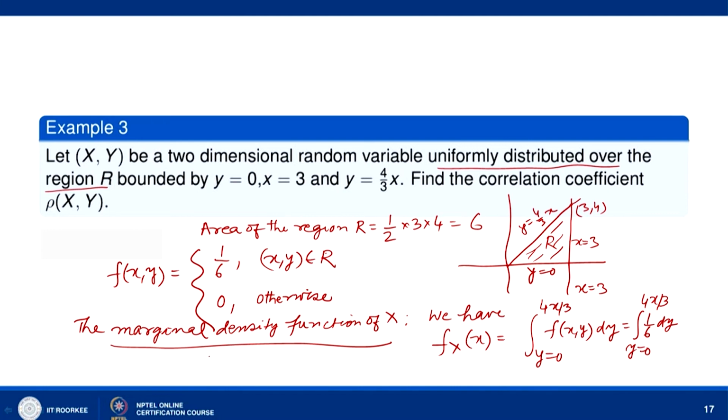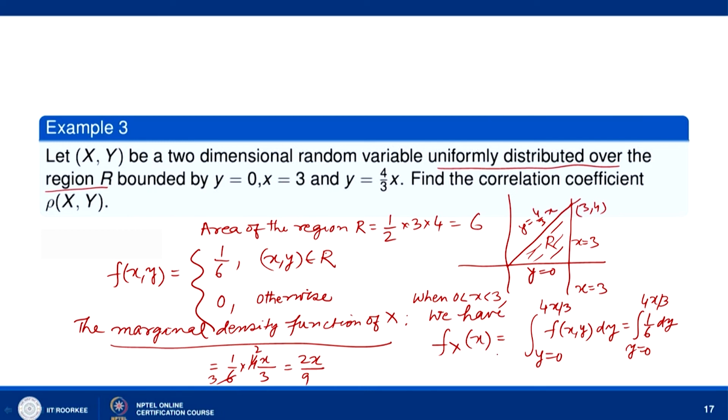So, this is equal to, and here x when 0 is less than x less than 3, we have f_X(x) equal to this. So, this is equal to 1 by 6 times 4x by 3, and this is equal to 2x by 9.